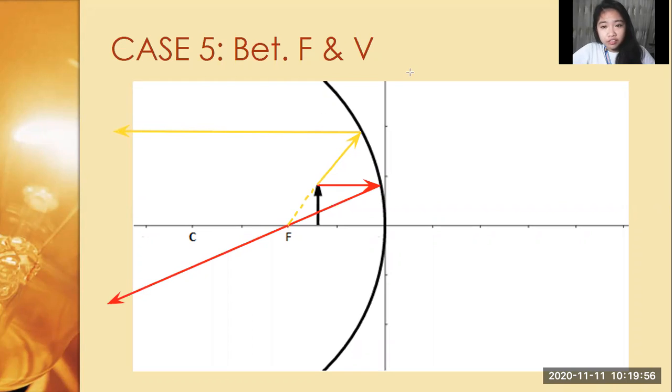Then for the SR3, it should pass through here. And then back.